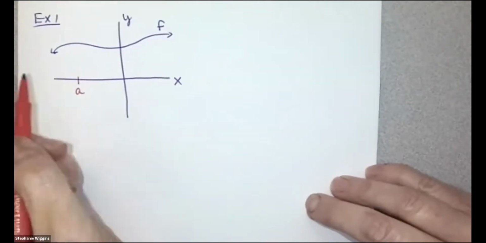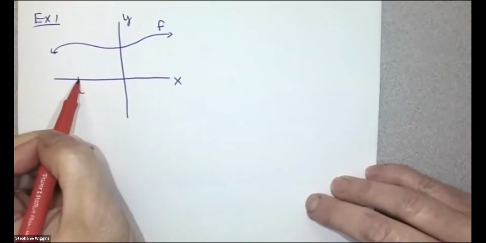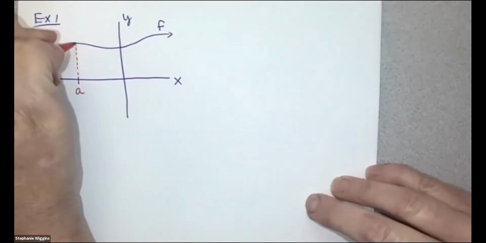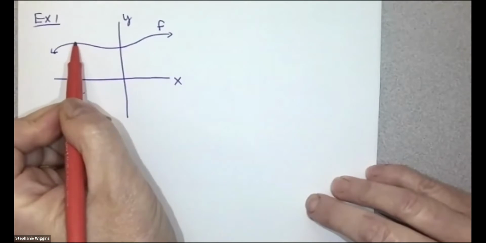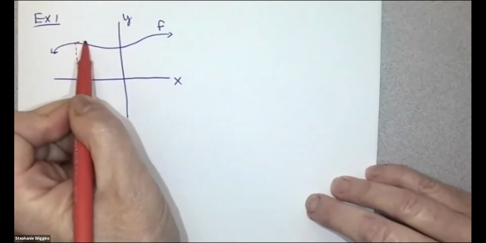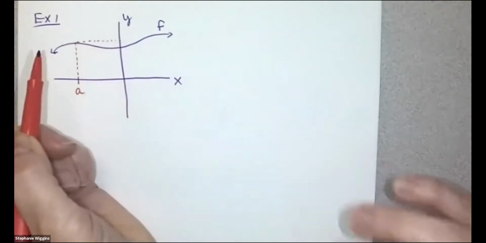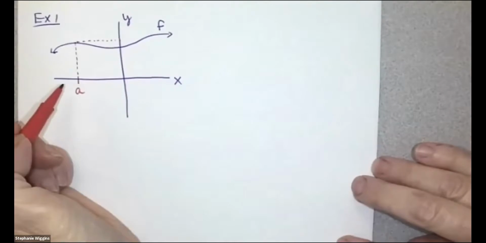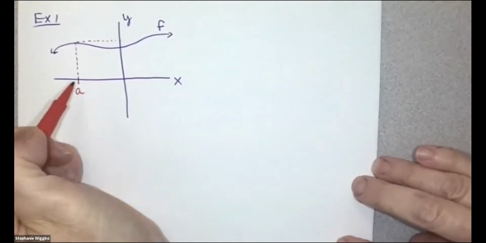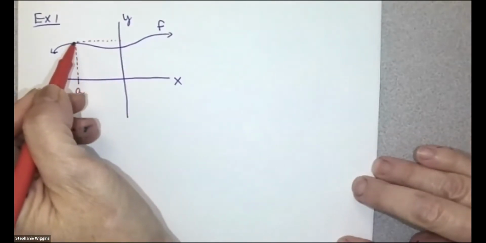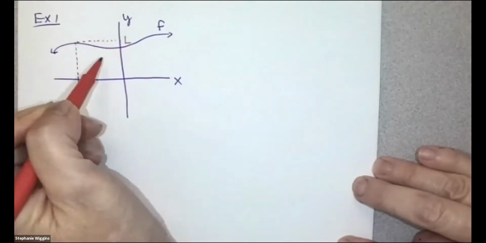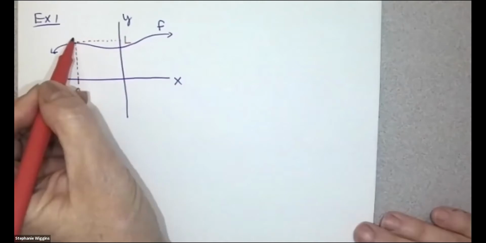If I want to see what is happening at a, I draw a vertical line until I reach my graph, and then from that point on the graph, I draw a horizontal line over. That is going to be where my limit is. So x is getting close to a, then when we put that through the function, our function values are getting close to L, right around this general area.